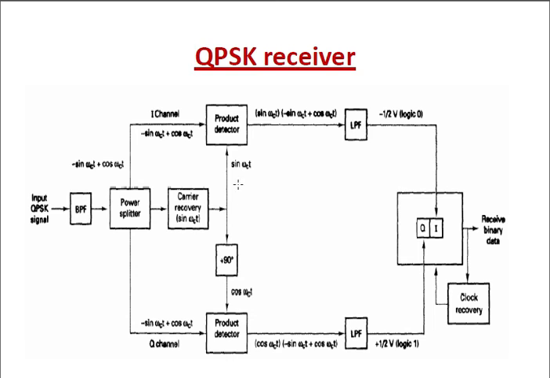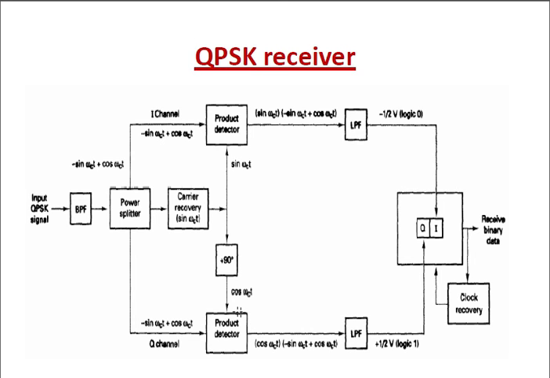This provides the same, but here one block has to be added, a facility to shift the signal by 90 degrees. The phase difference between these two signals is 90 degrees, so it creates a 90 degree phase shift from sin omega ct. That's why it becomes cos omega ct.